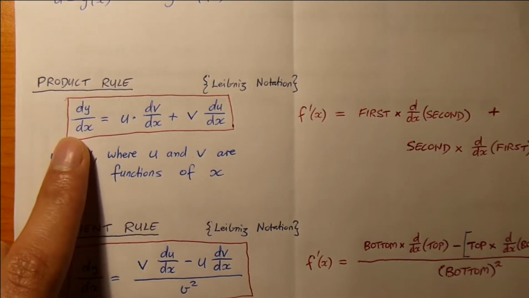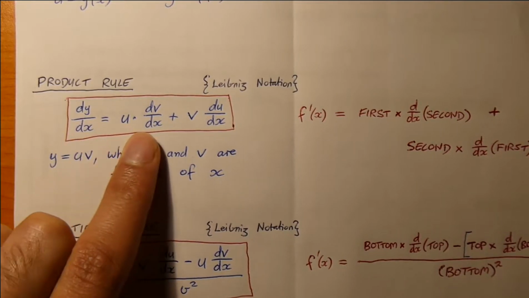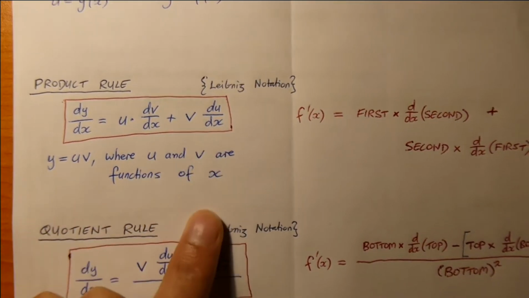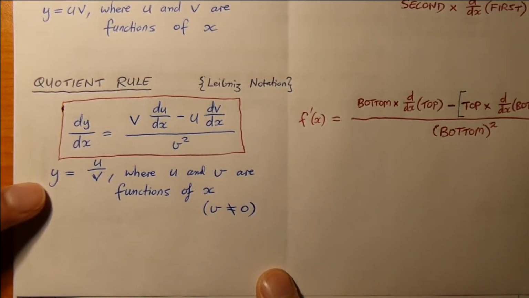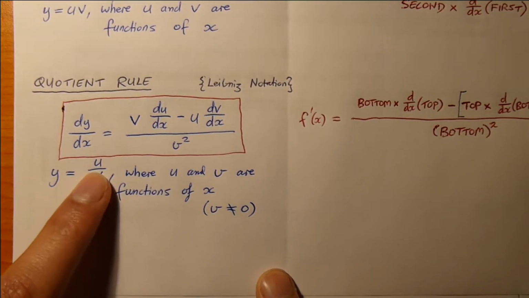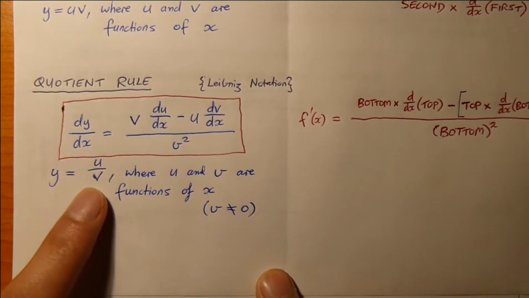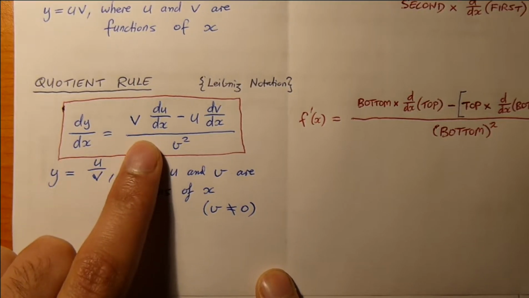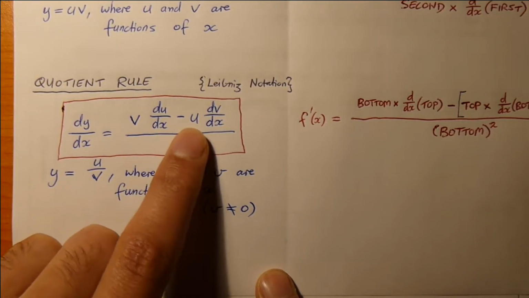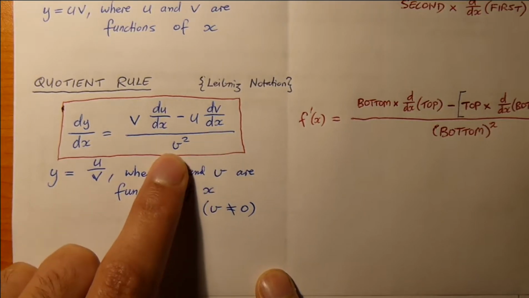We have the derivative dy/dx is u dv/dx plus v du/dx. And finally, the third, the quotient rule, where y is a function of u divided by v, so one function divided by another. We have dy/dx is v du/dx minus u dv/dx, over v squared.